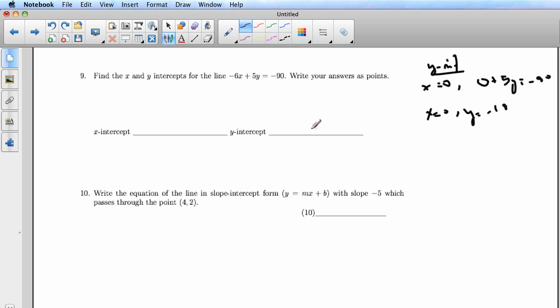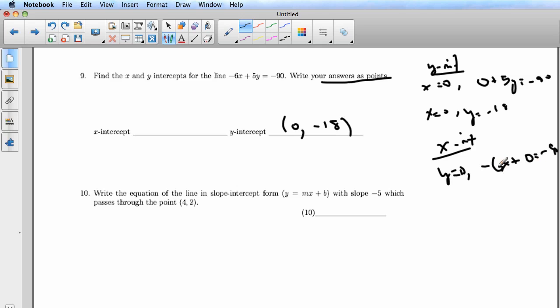And so that is your y-intercept, so that'll be a point. We're going to write your answers as points. So 0 for x, negative 18 for y. And then similarly, to find your x-intercept, it's just exactly the dual thing. Instead of x being 0, you're going to start with y being 0. That's going to make the equation say negative 6x plus 0 equal negative 90.